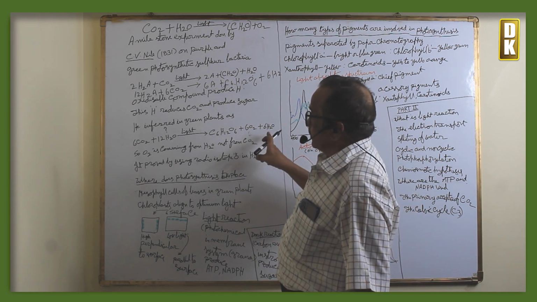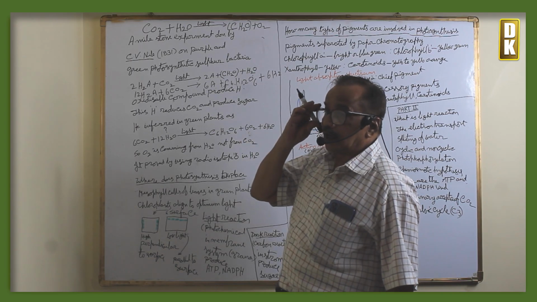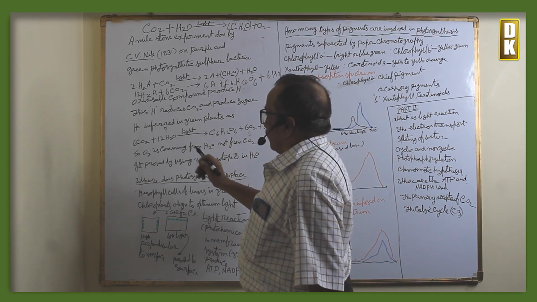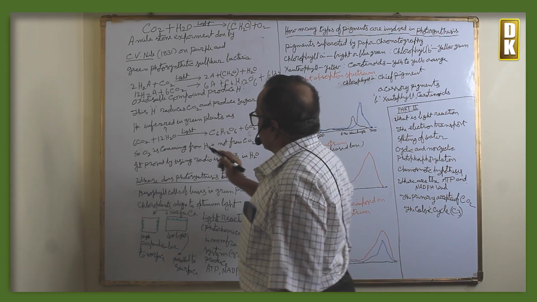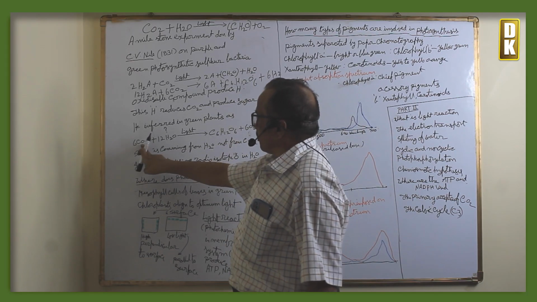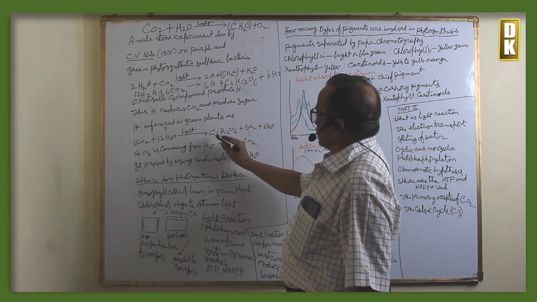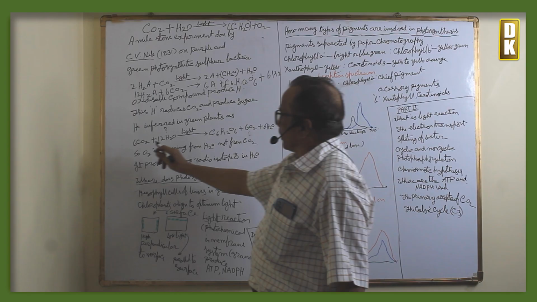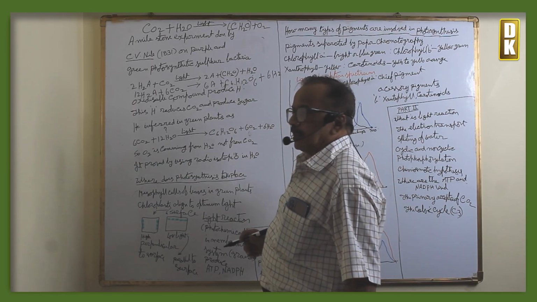When he asked what you want to know, this carbon dioxide is used to provide carbon and oxygen for this sugar; this and this both are coming from the carbon dioxide.